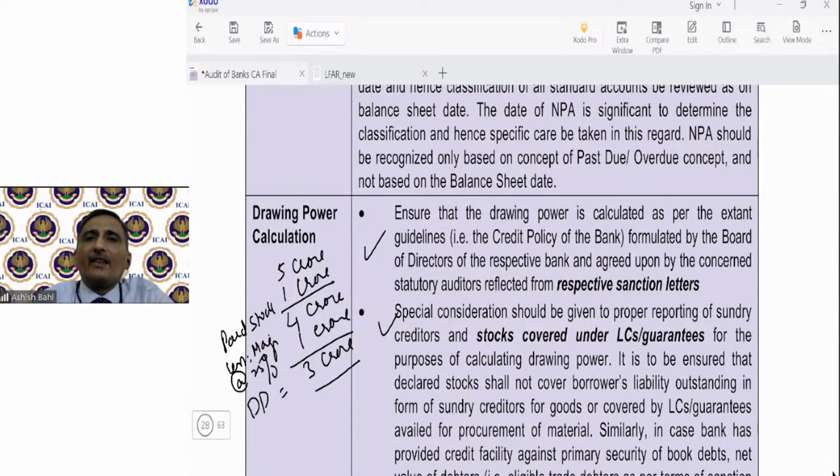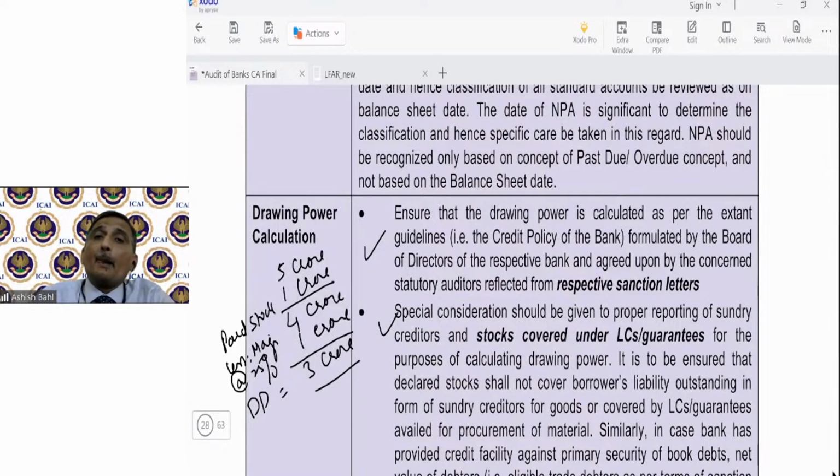So in such a case, book debts appearing in the books of the company which are for more than 90 days would be excluded.